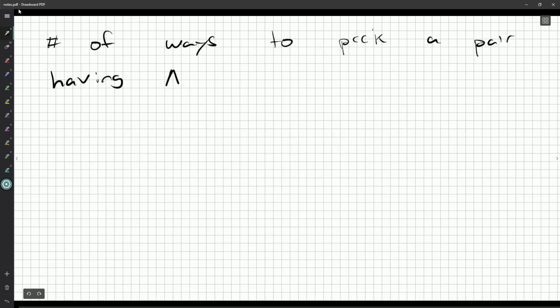So the number of ways to pick a pair, I don't want to keep saying this, I'm going to call this having Andre's condition. I'm going to let this be A of n.